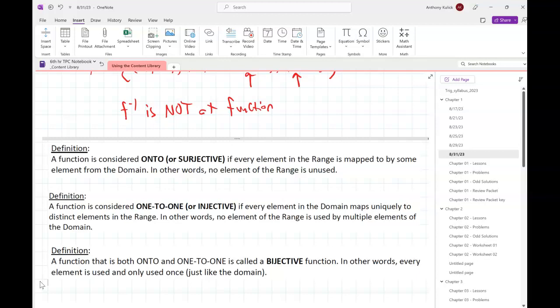In other words, no element of the range is used by multiple elements of the domain. And lastly, if a function is both one-to-one and onto, then it's bijective. In other words, every element is used and used only once. So everything in the domain is used, everything in the range is used, but each of them is only used one time.